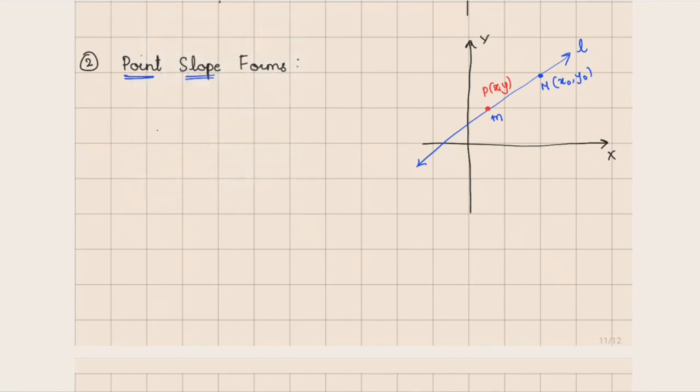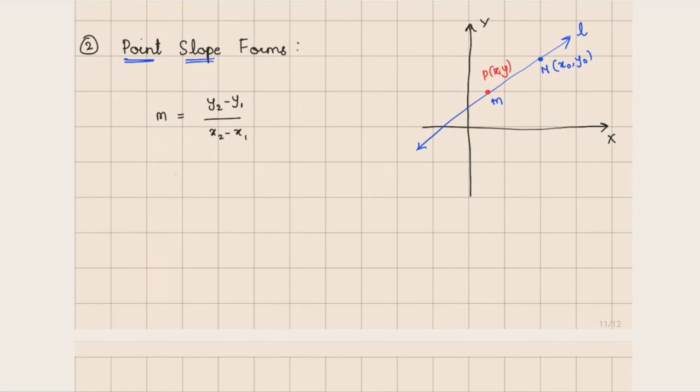We know the slope of a line m when 2 points are given is y2 minus y1 by x2 minus x1, which I have shown in lecture 2. Let's take this as point 1 and this as point 2. So y2 minus y1 means y minus y0 by x minus x0.